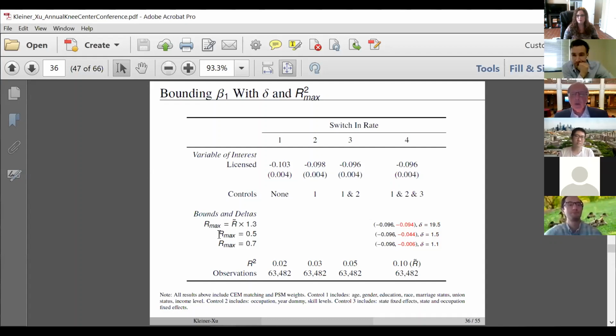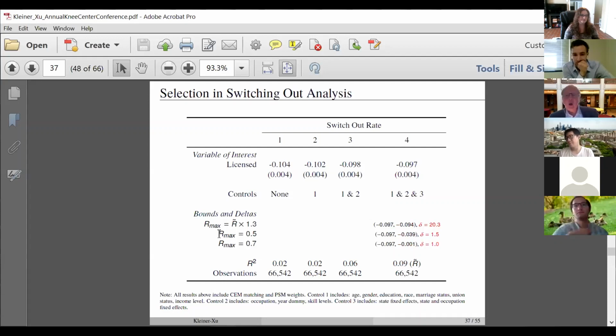Again, the value for delta would have to be pretty large in order to switch our results from the negative and significant results that we find.